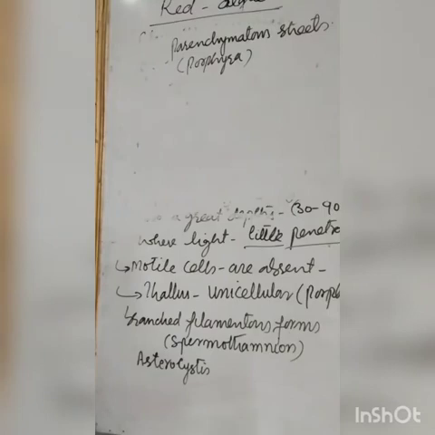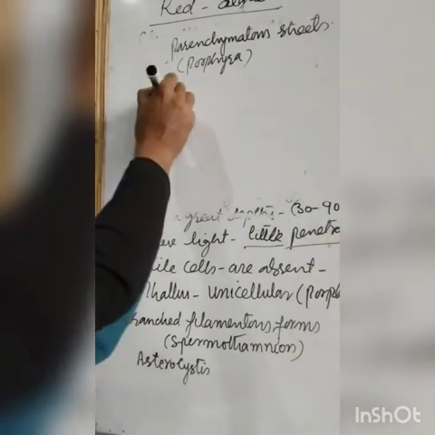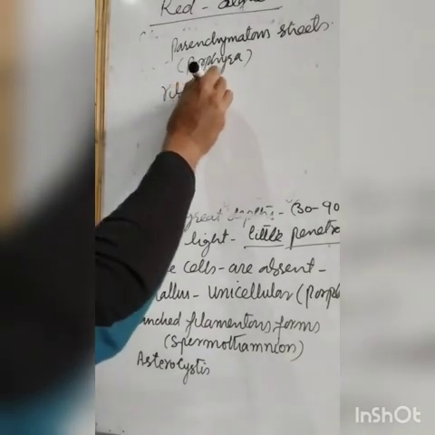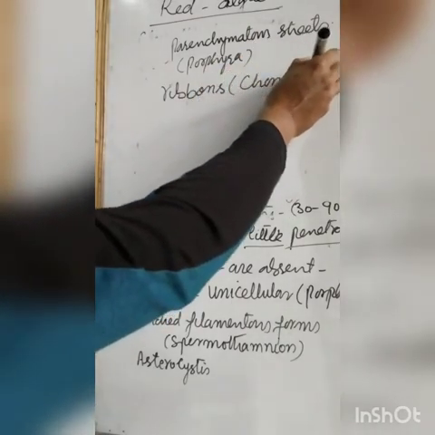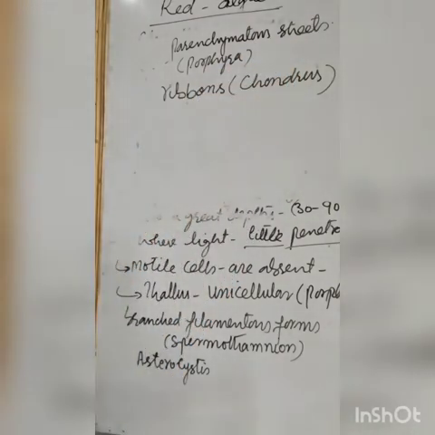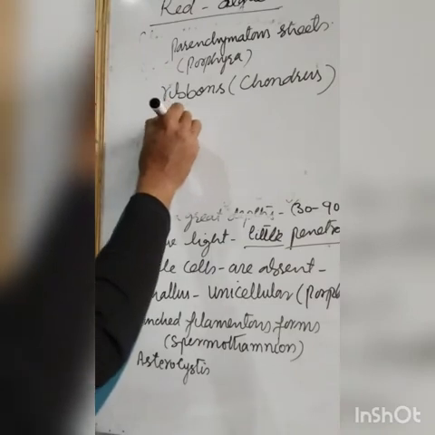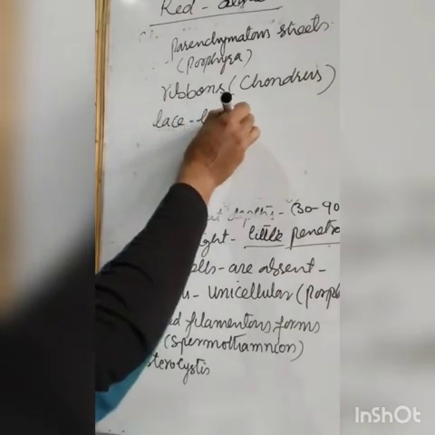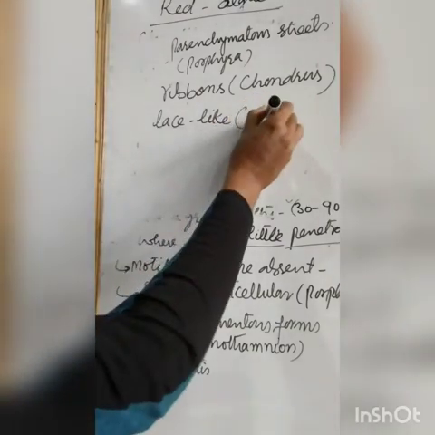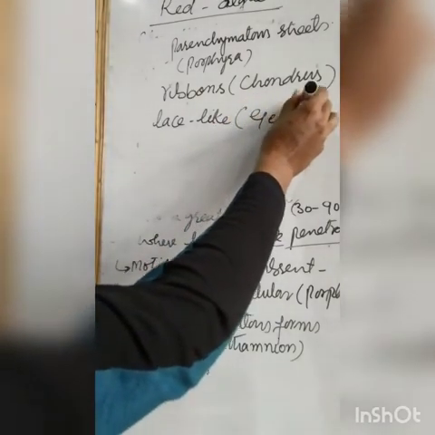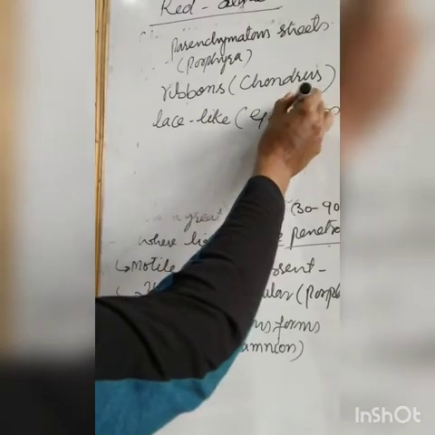Some are ribbon-shaped, for example Chondrus. And there are graceful, beautiful lace-like forms, that is Gelidium.